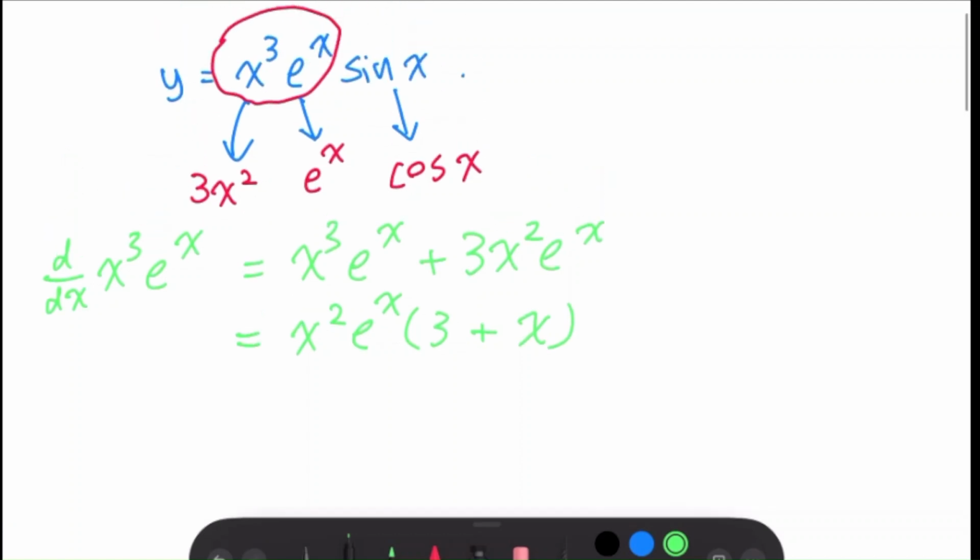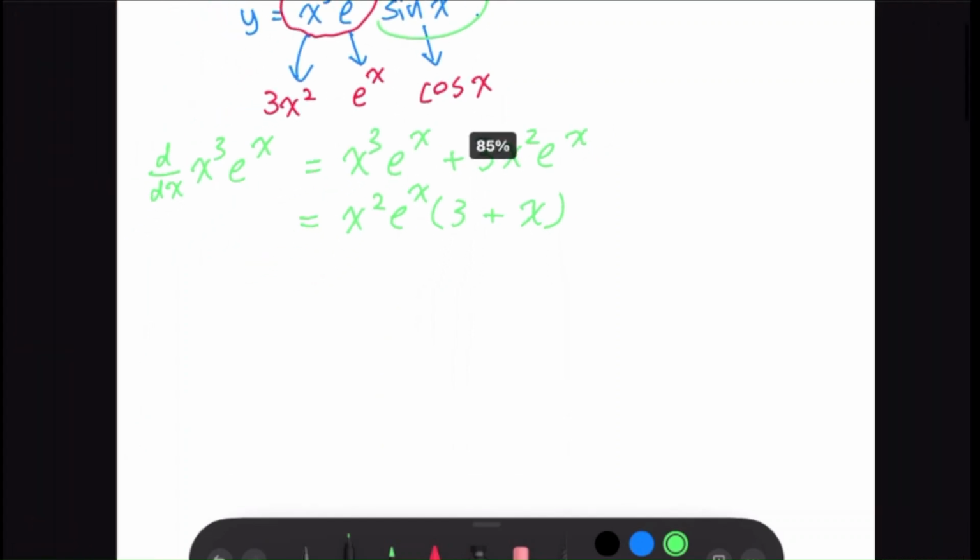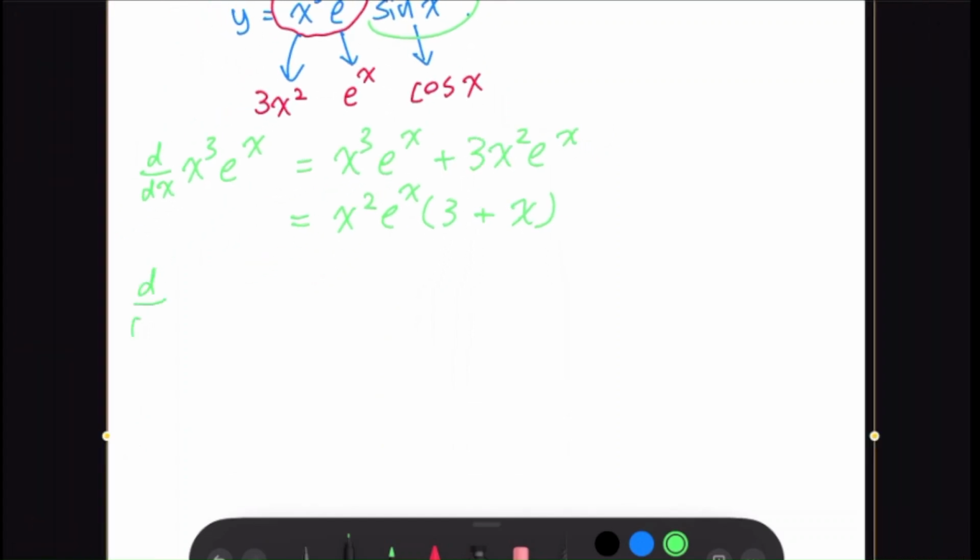And there we go. And then we can work on the sine x component. Using the product rule, we would have d dx of x squared ex sine x, which would be equal to x squared ex, and then we multiply by the derivative of sine x over here. So we have cos x, and then plus whatever we had here.